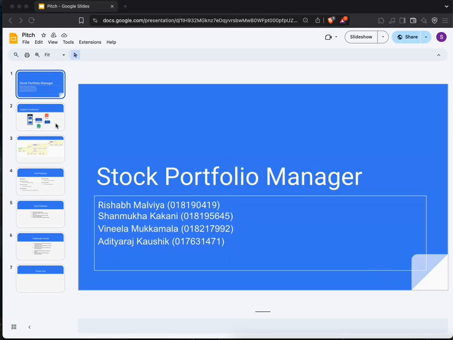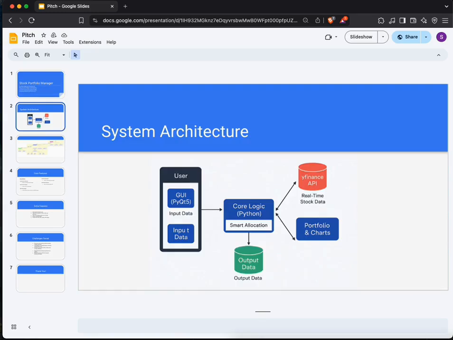Next is system architecture. Let's start with a high-level overview of the system. The user begins by entering investment data into a PyQt5-based GUI, where they can also choose one or more investment strategies, such as ethical, growth, or value investing. This information is sent to our core logic engine, developed in Python.